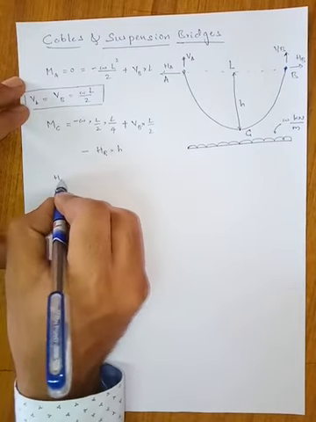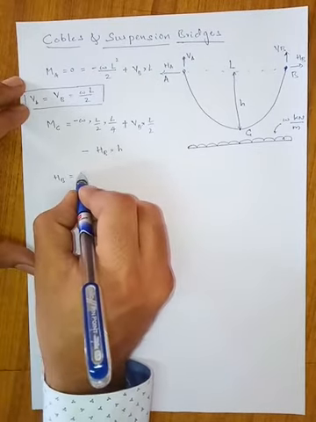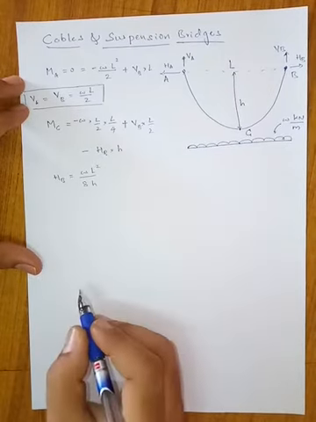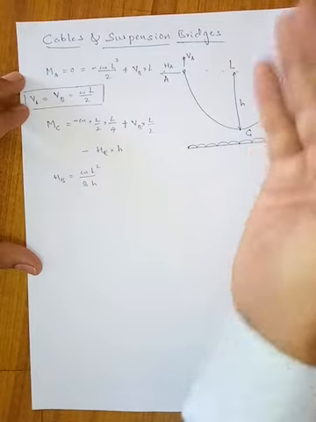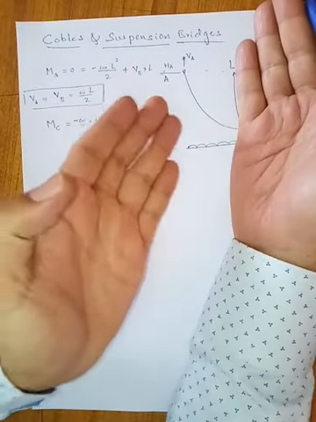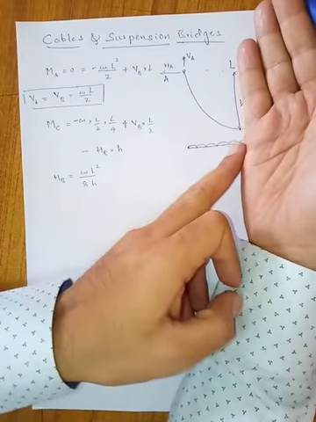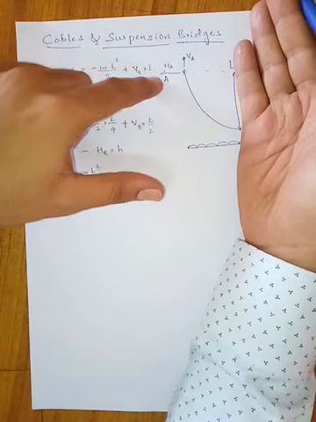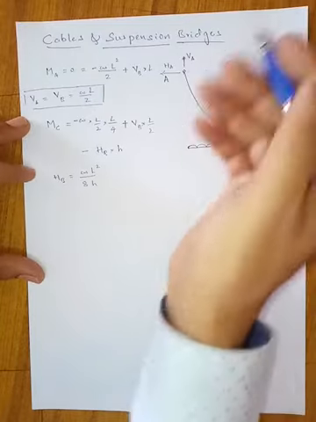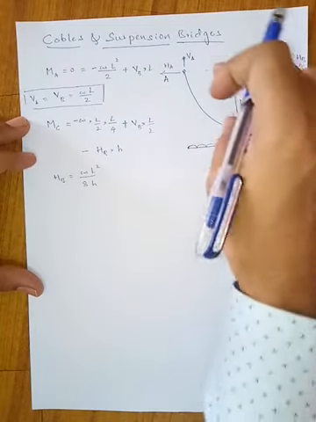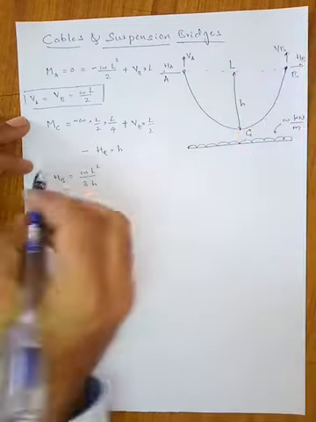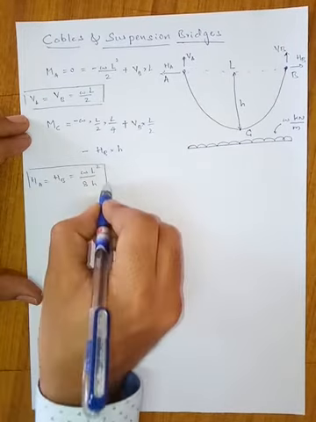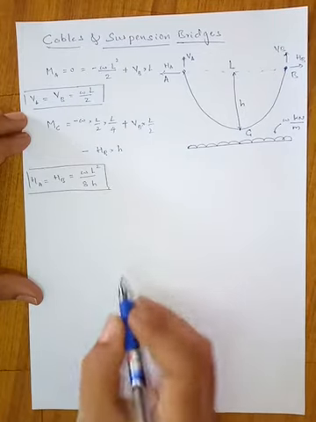So HB turns out to be WL square upon 8H. Similarly, if you analyze the left side section of the cable from C, you will find HA is the unknown, and then you can calculate. It turns out to be the same, since the span is same and the height is same. So the support reaction values will also be equal to WL square upon 8H.